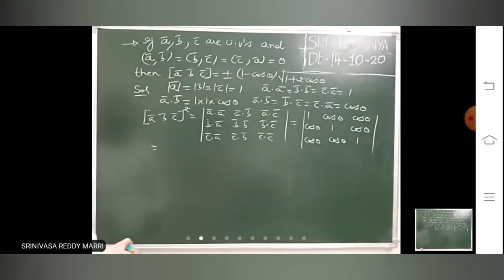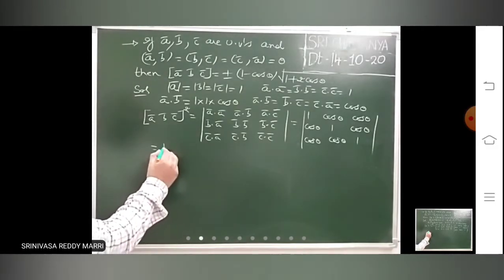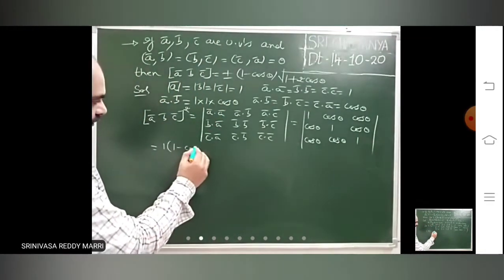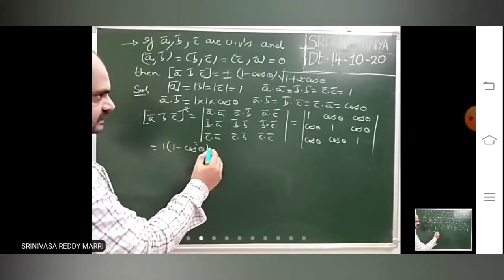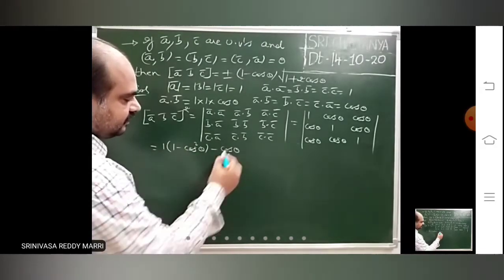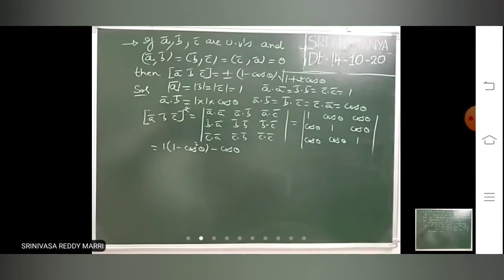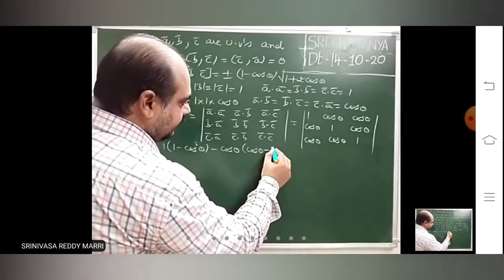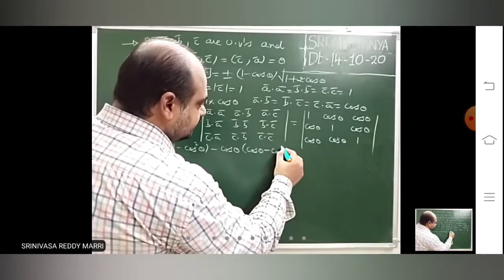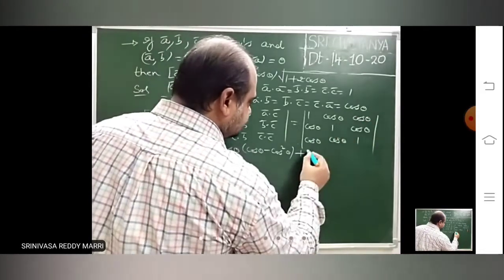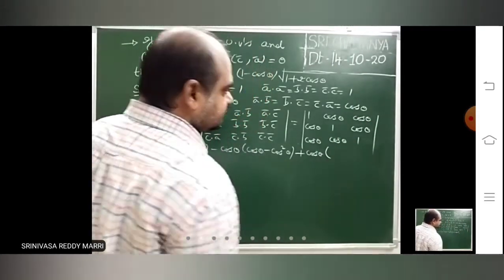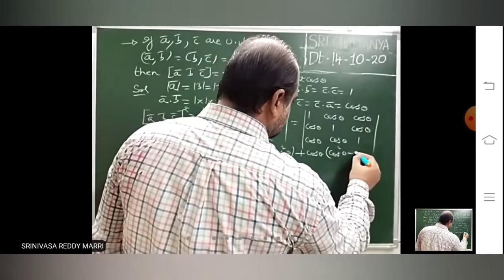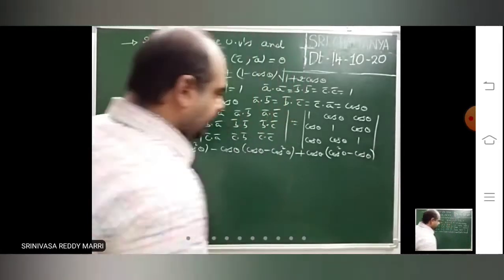Now calculate this determinant. If you expand, you get 1 into (1 minus cos square theta), minus cos theta into (cos theta minus cos square theta), plus cos theta into (cos square theta minus cos theta).